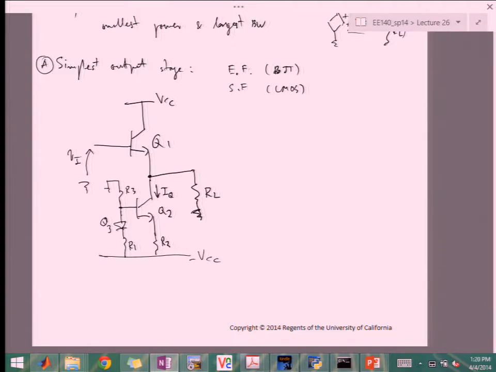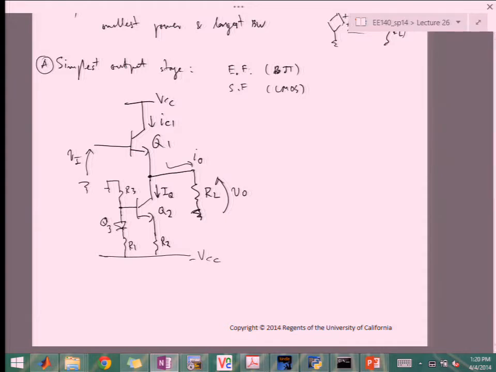And then as VI is changing, I'll be feeding some current into the output. There will be the difference of the current from Q1 and the current I'm always pulling down from the current source.